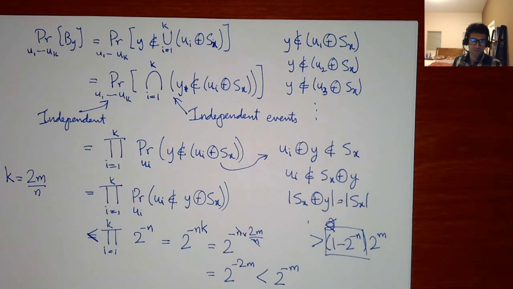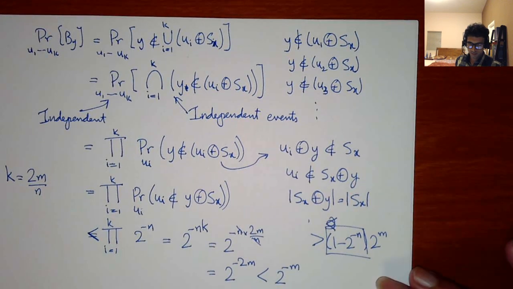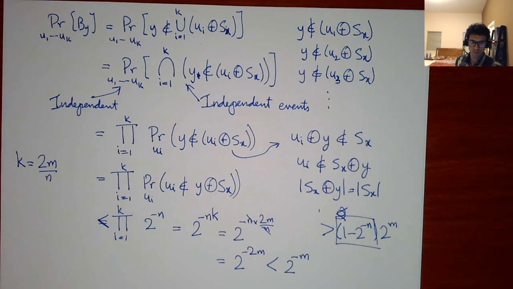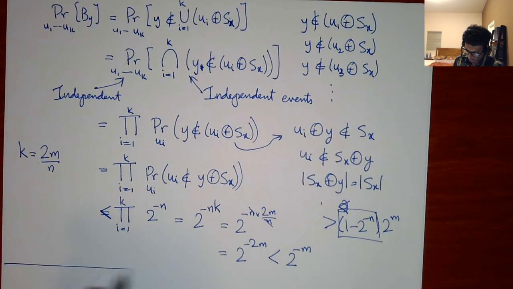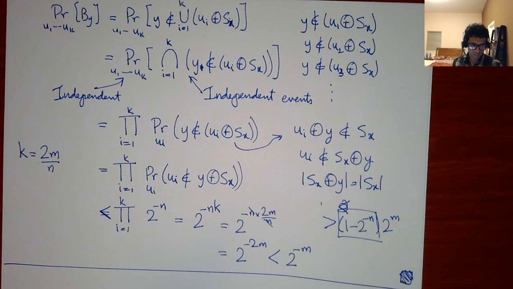This is a proof that you should go back and look at a little more carefully to see what is going on here. But this is the end of the proof of claim 1.